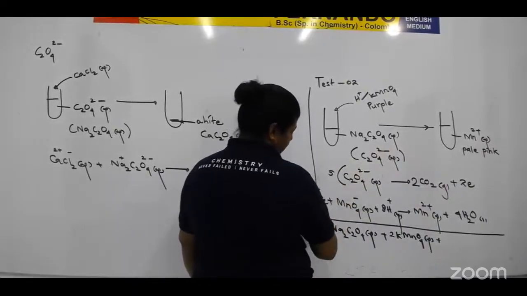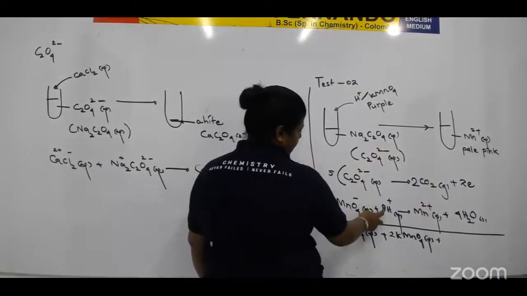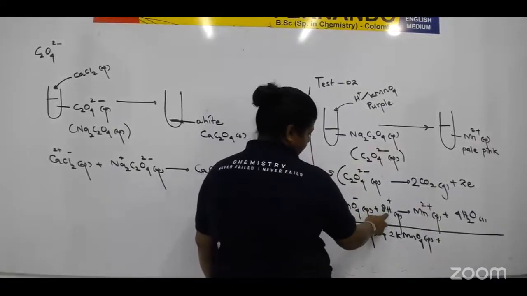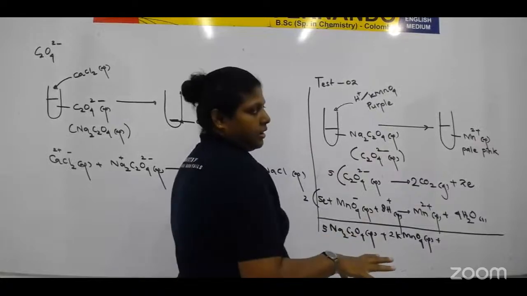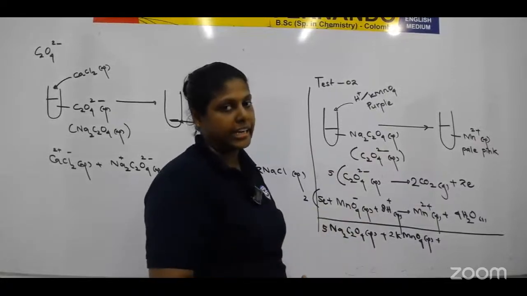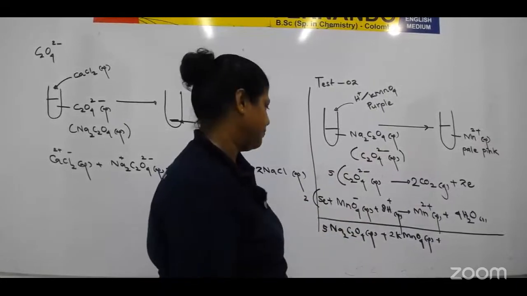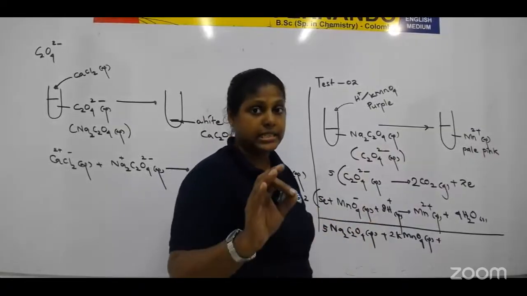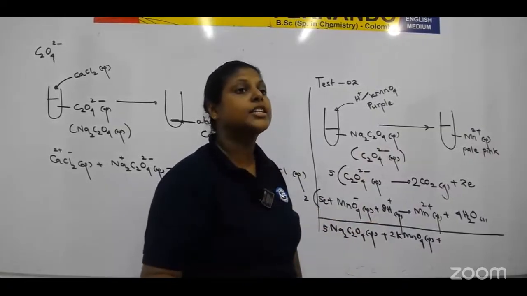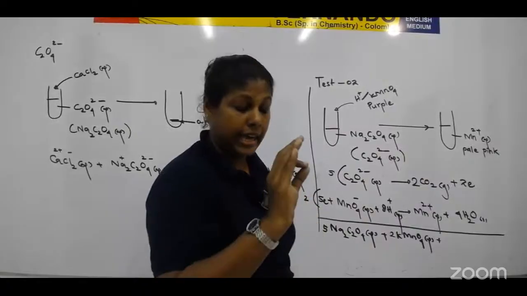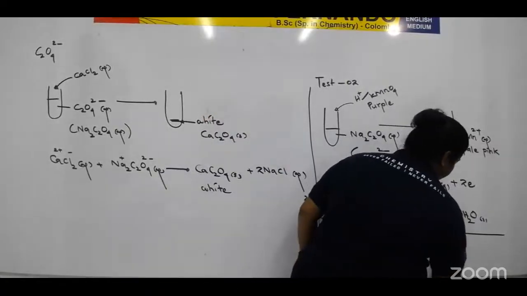But here we have 2 into 8, 16 H+. You know that H+ is balanced by adding sulfuric acid. So 2 into 8, 16. To obtain the 16 H+, we take 8 H2SO4.